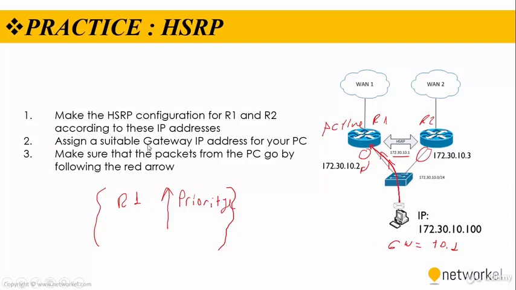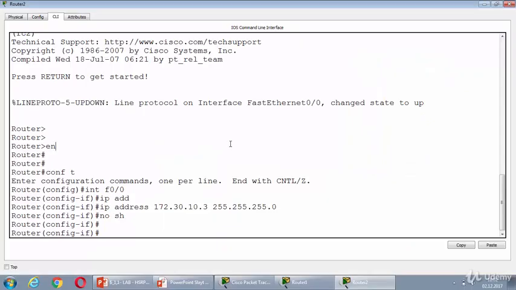Then what I need to do is configure the HSRP on the routers and make sure that router 1 is the active router. I'm going to do router 1. So I need to show you how we configure it.